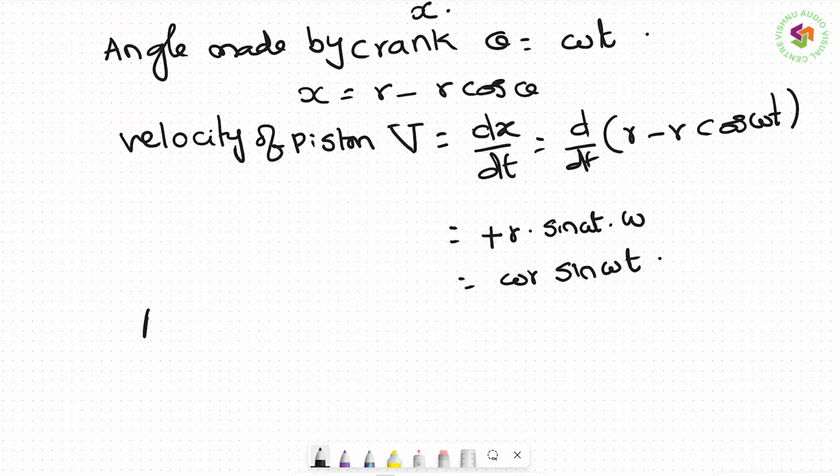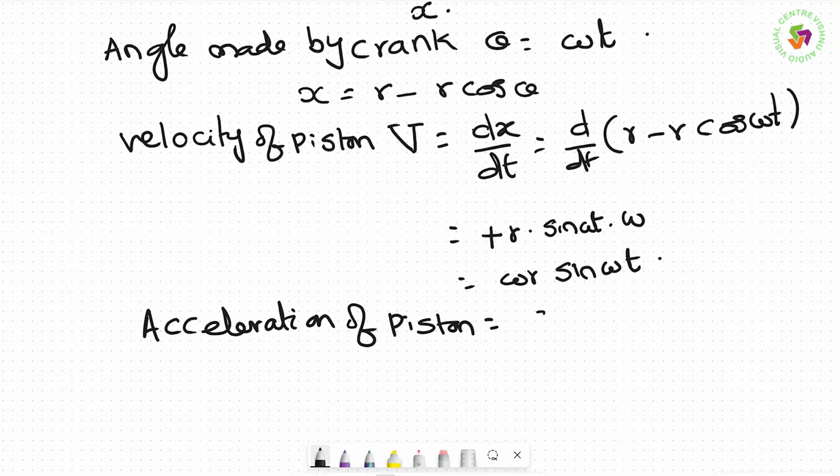Then what is the acceleration of piston? It is equal to dv by dt. So if you do that same thing, what will happen? It is r omega square into cos omega t, because sin omega t to cos omega t into omega. Already r omega is there. Multiply it then.